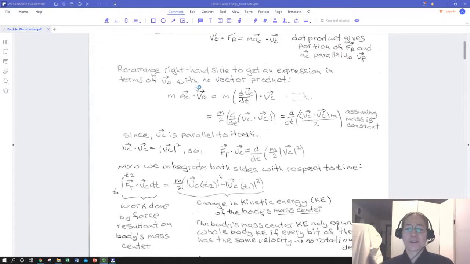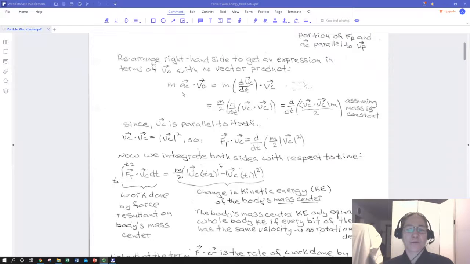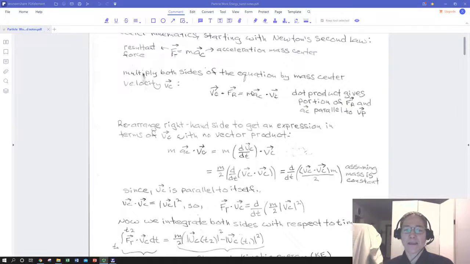So now we're just going to do a little math gymnastics and rearrange the right-hand side a little bit, and get an expression just in terms of velocity. We don't want to deal with acceleration at this point. So acceleration is just the first time derivative of velocity. So instead of a sub c, we have d v sub c dt, or v sub c dot. So now we have all expressions in terms of velocity.